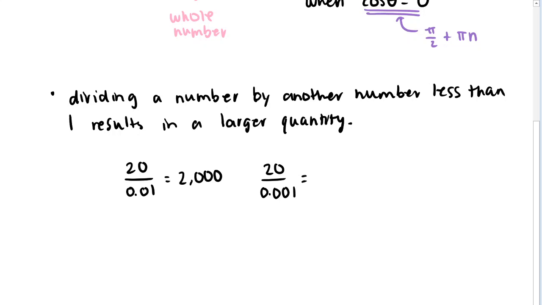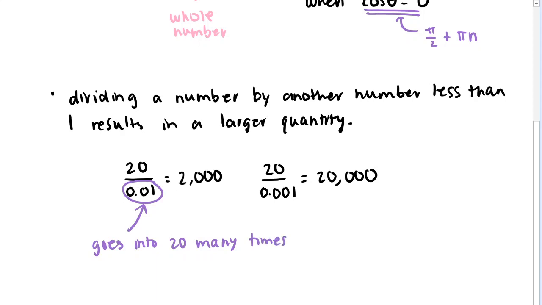I can fit more of this very, very small quantity into my numerator. I get 20,000 out in this case. The idea here is that this denominator goes into our numerator many times over, and so we're going to get a large result.